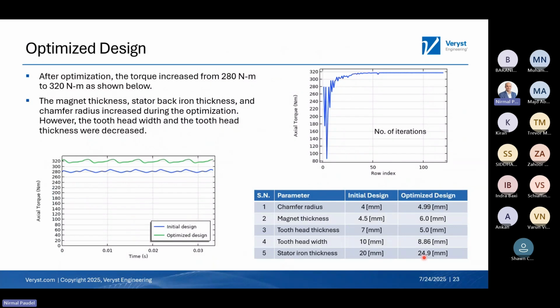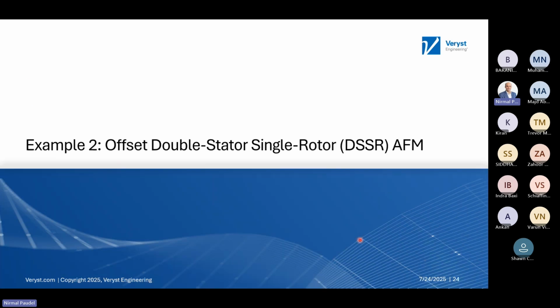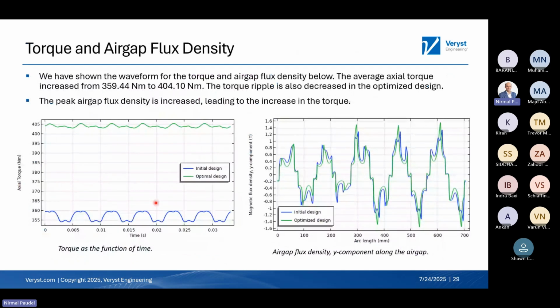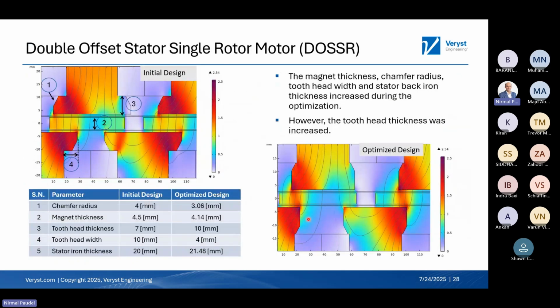In the earlier one, the optimal design had the stator iron almost 5 millimeter thick, which is too much. So the second one is actually better. We get more torque, but the stator iron thickness increased only slightly, and we're also reducing the magnet size.